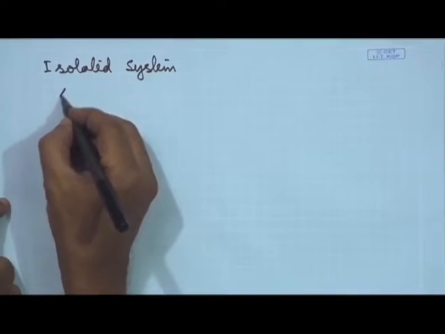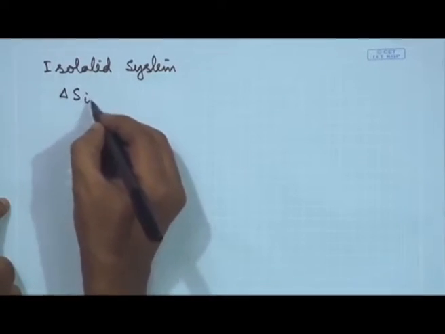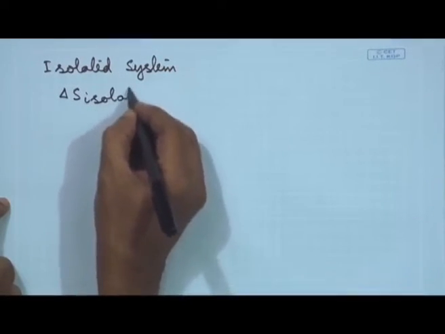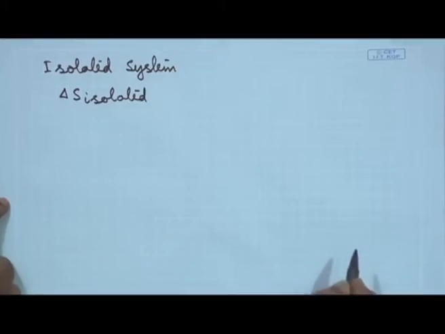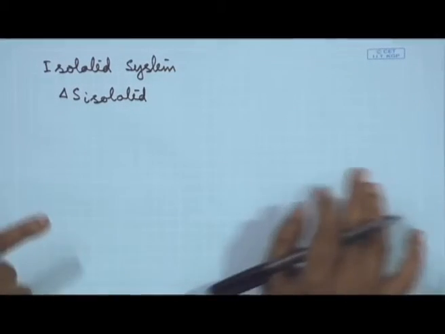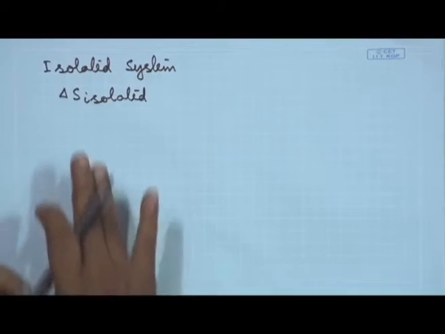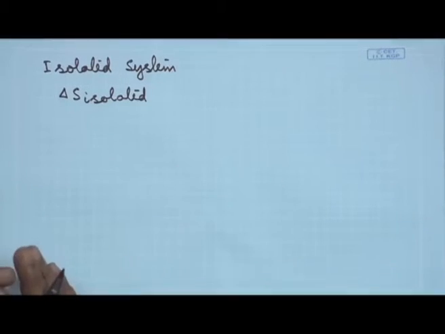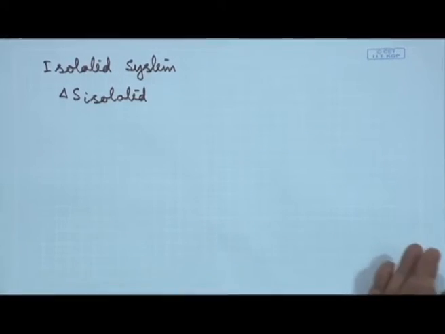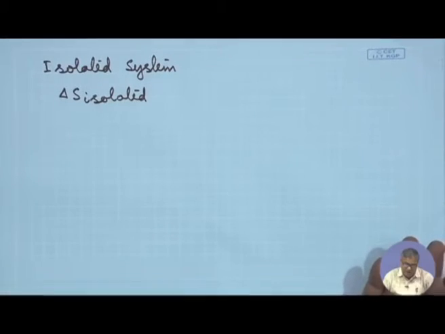So, delta S isolated means there is some sort of change. We are observing that isolated system for some time.